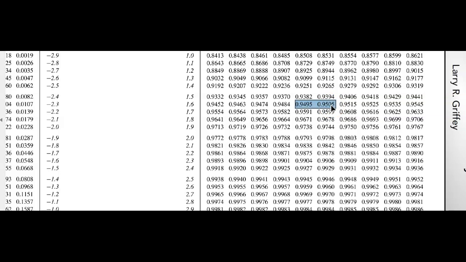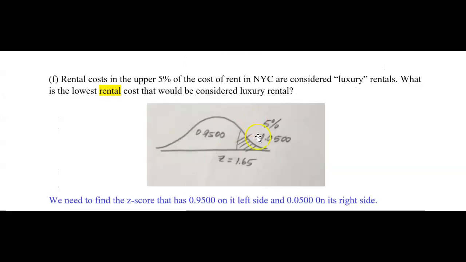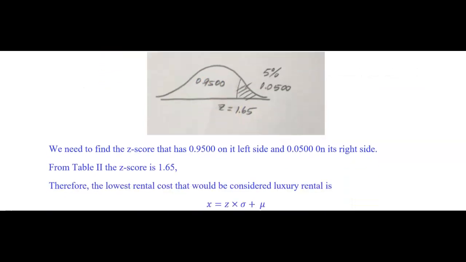So you have in your calculator 1.64 plus 1.65 equals 3.29. Divide 3.29 by 2. That number that you see there, 1.645, is in the middle of those two numbers. But if we round that to 2 decimal places, we get 1.65. So the z-score that has 0.9500 to its left is 1.65. So now we use the formula like I explained to you before.